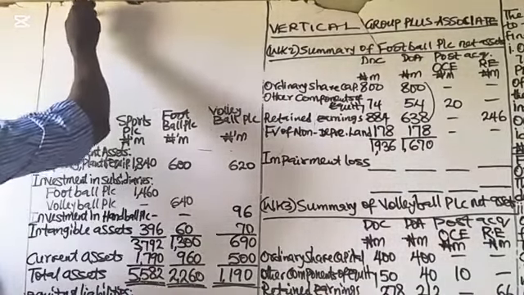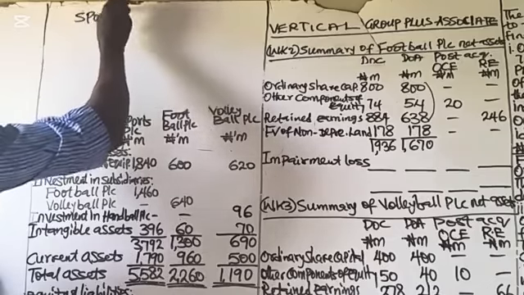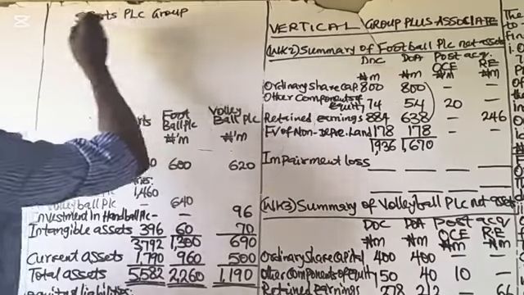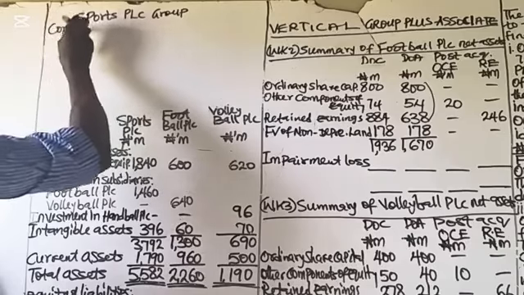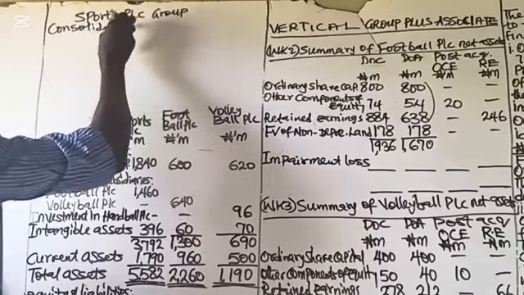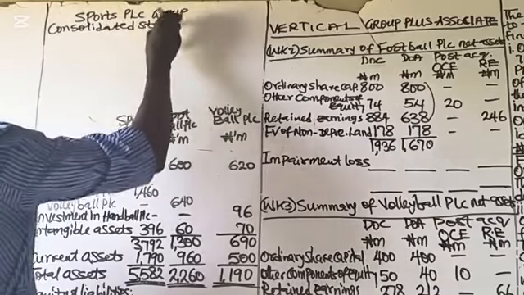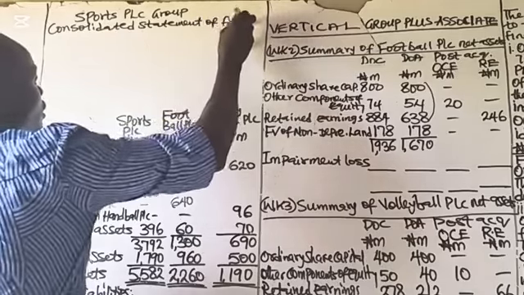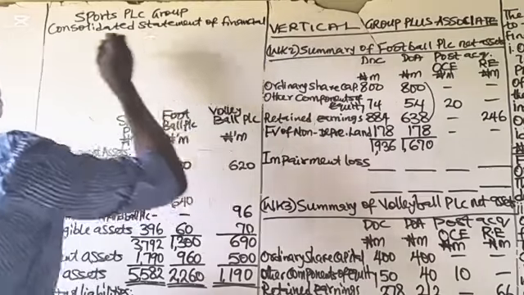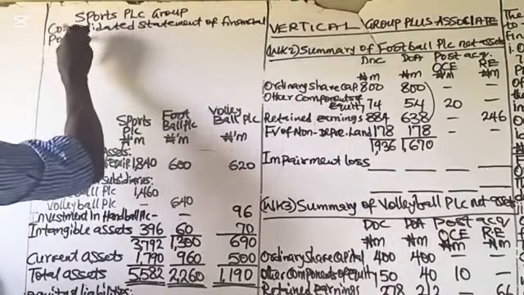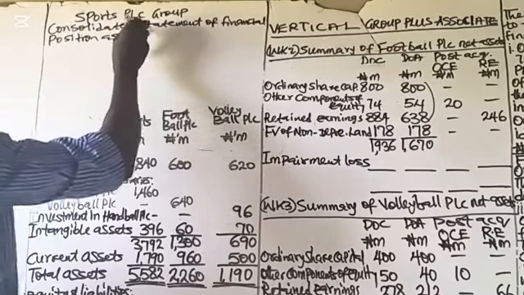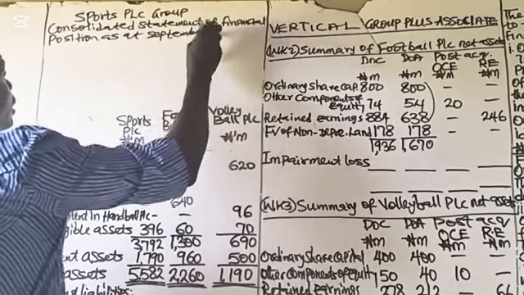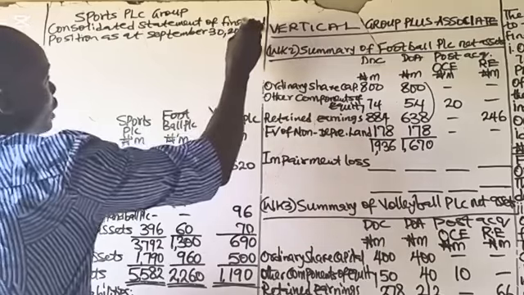So we can have Sports PLC Group consolidated statement of financial position as at September 30, 2020.